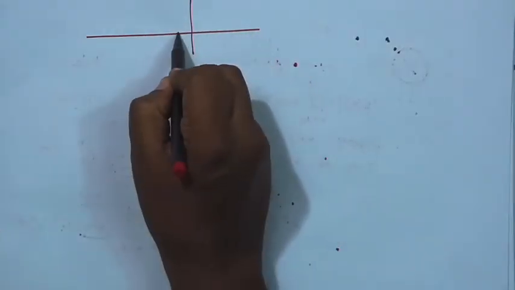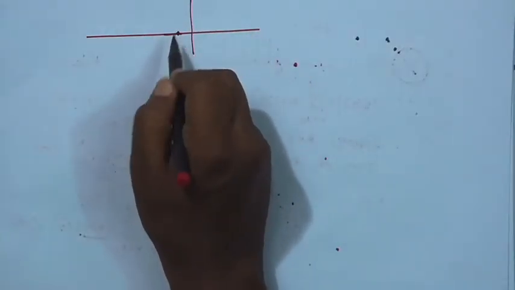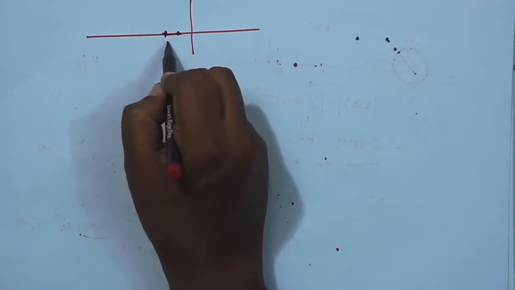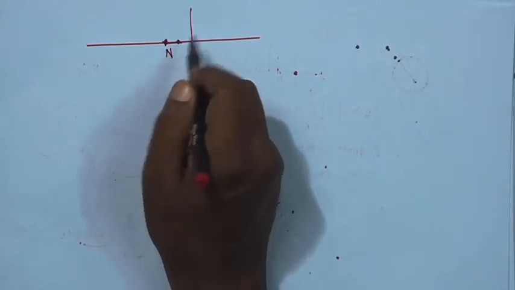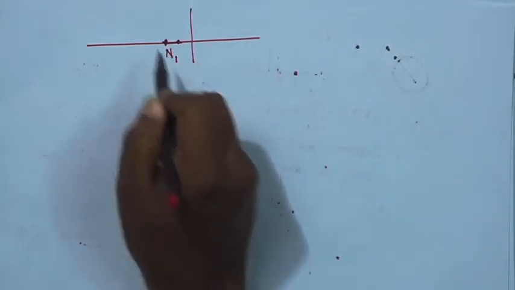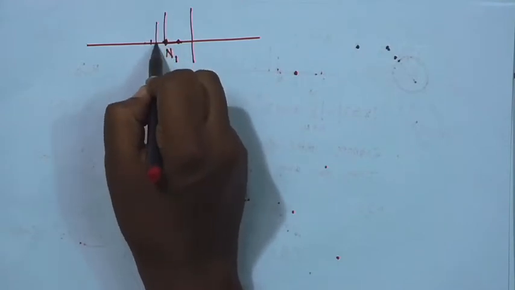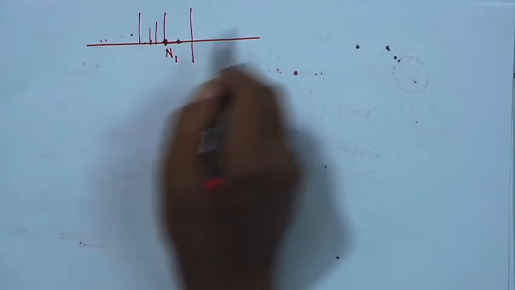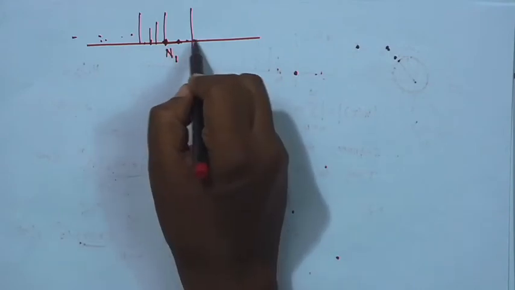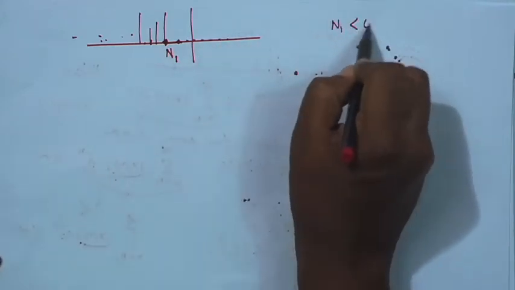In an absolutely similar manner, we can consider a left sided sequence. To start with, I assume that I am starting at some index n 1, going up to infinity on the left, and then all zeros, and suppose n 1 is less than 0.